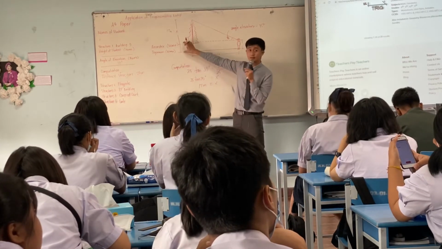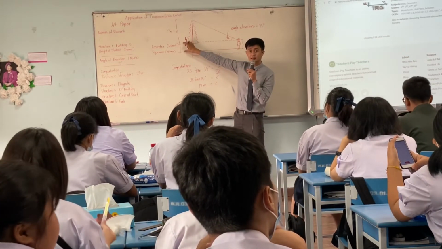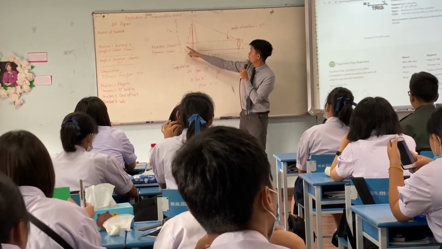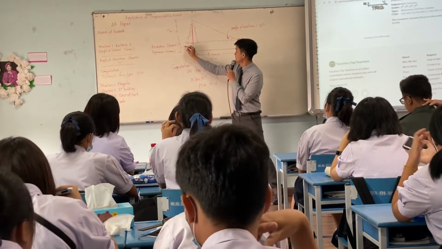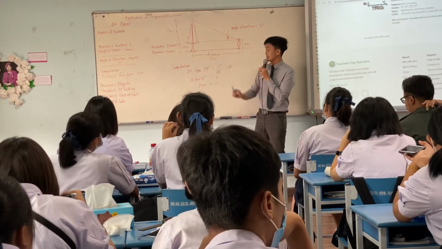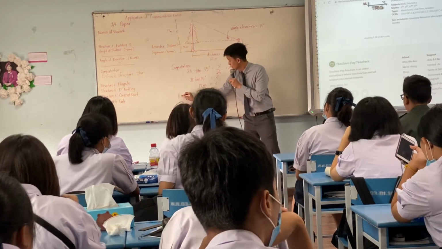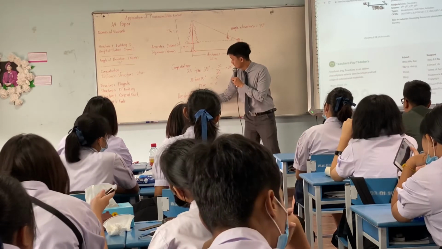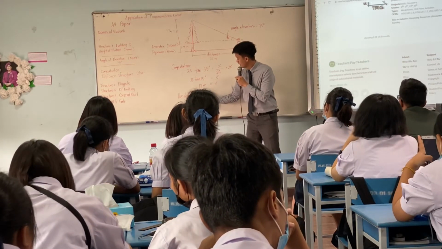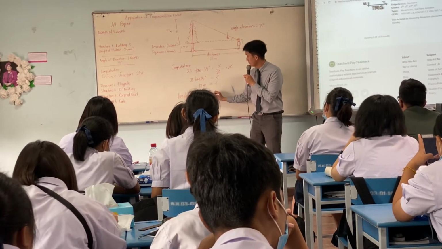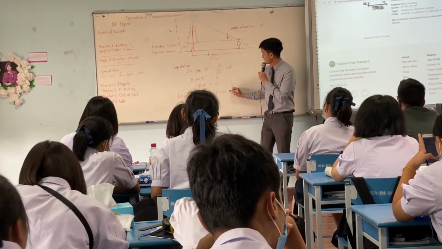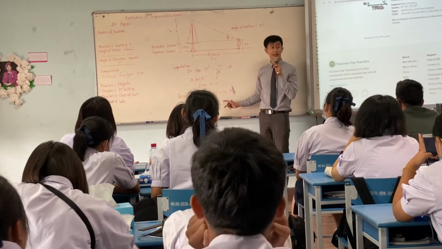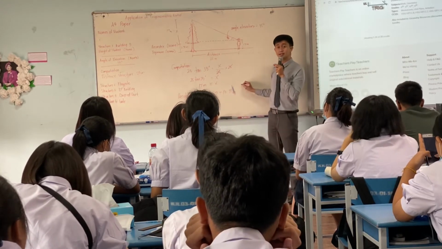What is this height? 1.71 meters. So the height of the tree is 17 plus 1.71, that is approximately 18.71. Okay, do you understand?